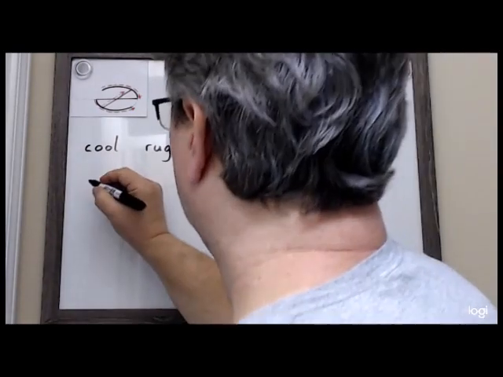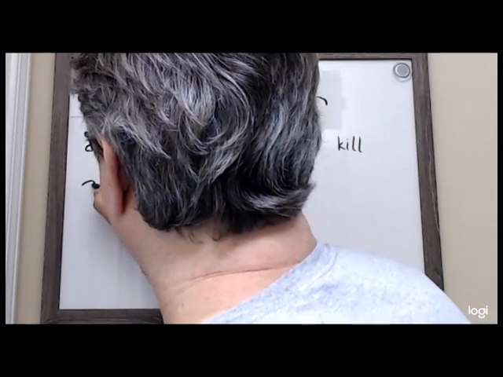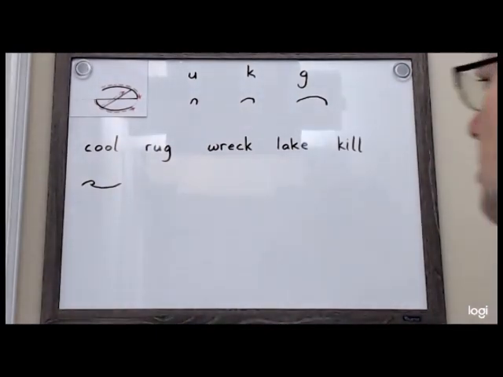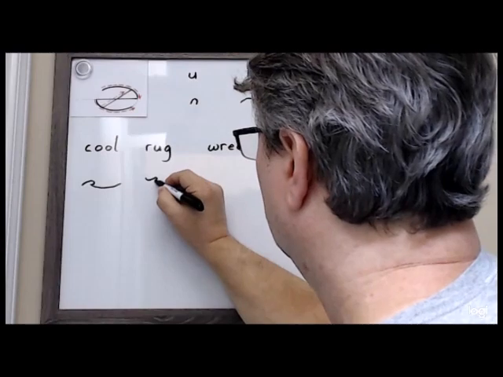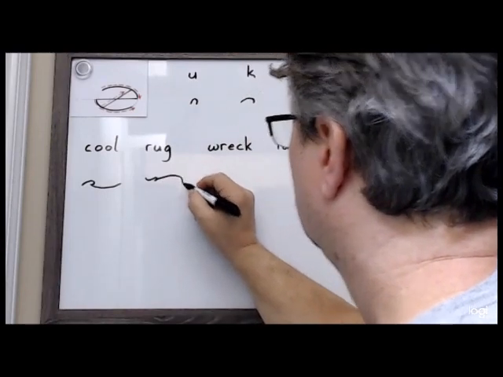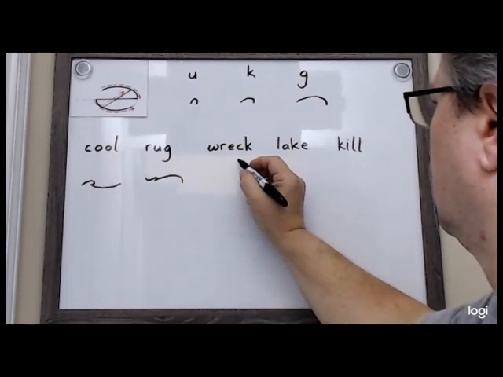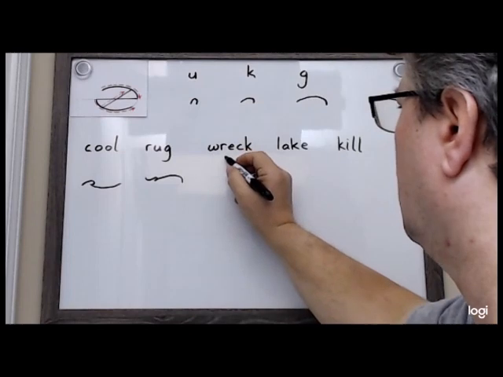The word cool will be K-U-L. The word rug, R-U-G. And then wreck, we will not be writing a W because it's just an R sound.